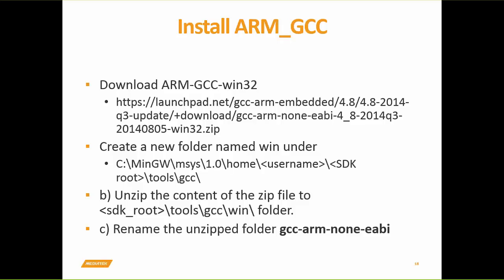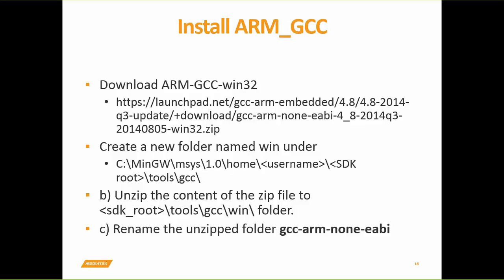Once you've done that, we can move on to install the ARM GCC. We need an extra GCC for compiling for our ARM processor. So you have to download the ARM GCC Win32. Again, please go to that link, download the zip file, and then unzip it.